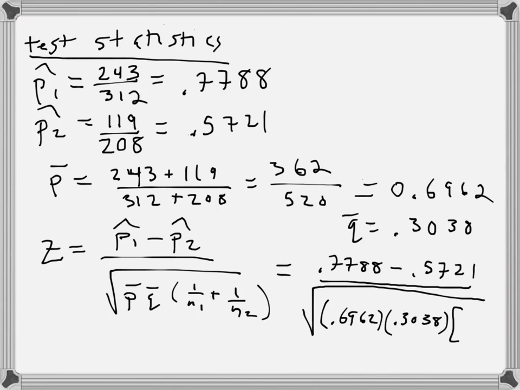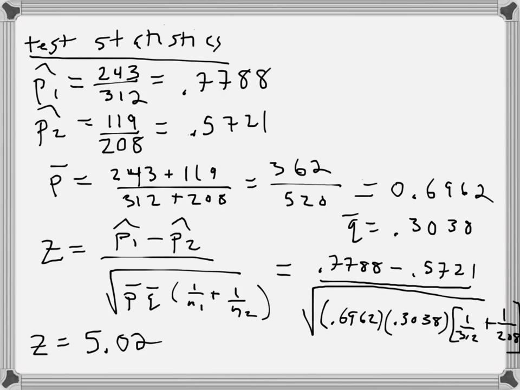And then that's going to be over 1 over my first sample size, 312, I'm running out of room, plus 1 over my last sample size, which was 208. And I'll close it. I'm going to pause my video and calculate this. And I got a Z-score of a quite surprisingly large 5.02.